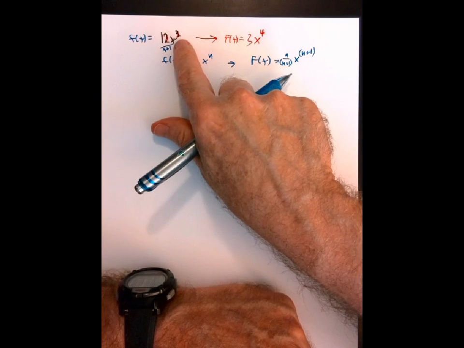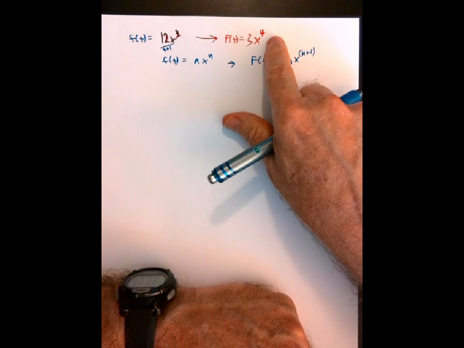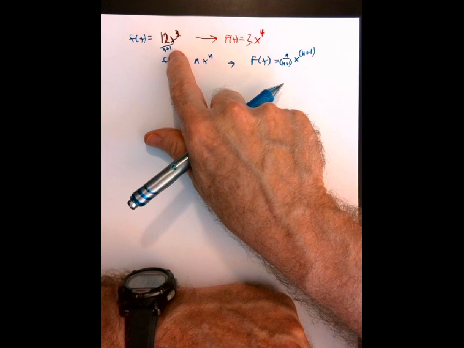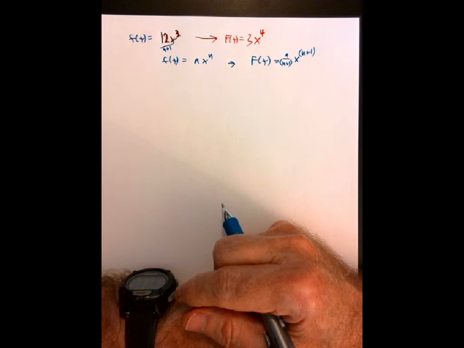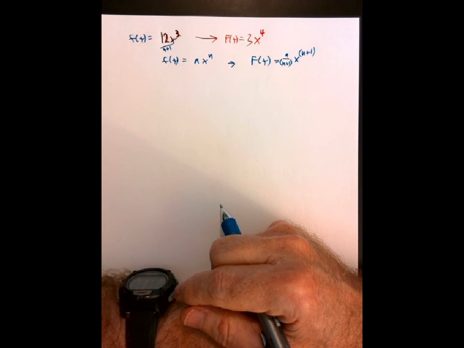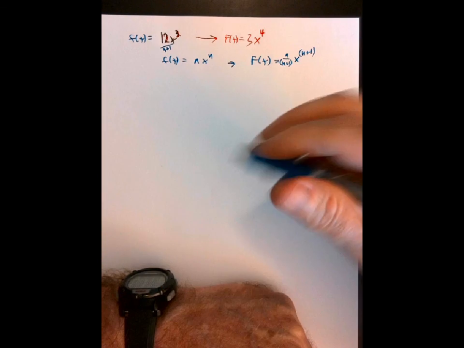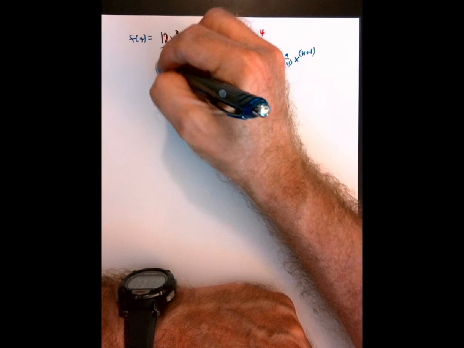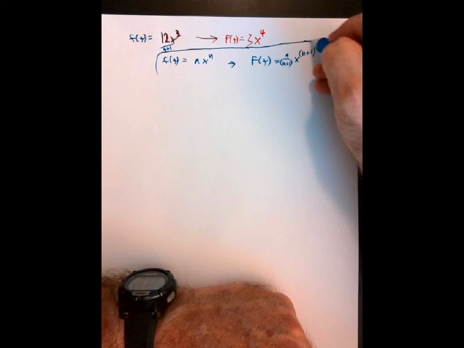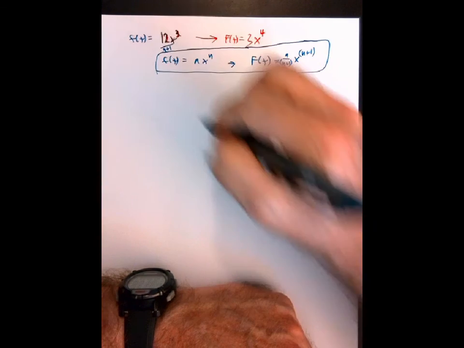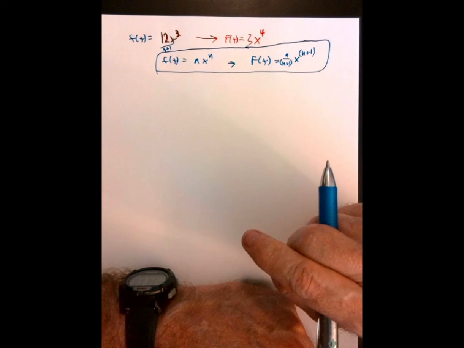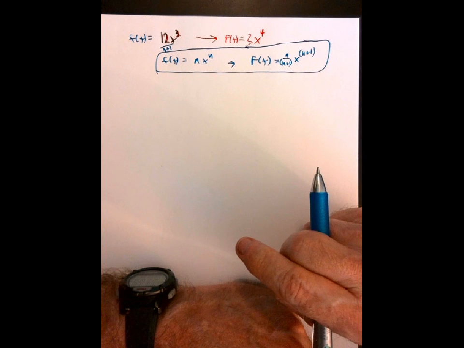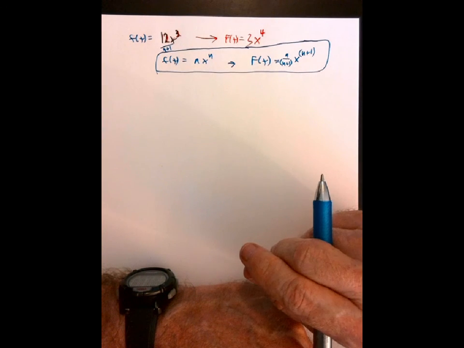So 3 plus 1 goes there. 12 divided by 4 is equal to 3. Okay? So this is our first, and you guys want to make note of this, our first antiderivative formula. So that'll be the first part of our work today. We'll be able to find some antiderivatives for power functions.